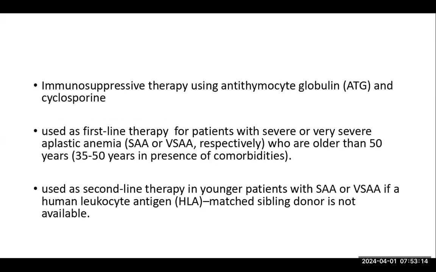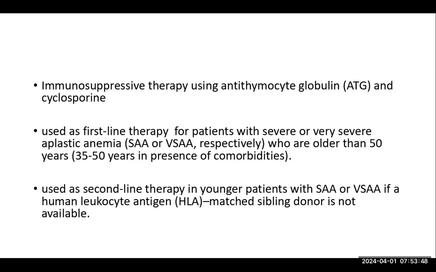Then immunosuppressive therapy with anti-thymocyte globulin and cyclosporin is said to be first line for severe and very severe aplastic anemia for those who are older than 50, or if the patient is between 30 to 50 years of age in the presence of comorbidities. We're not told the age of the index patient, but if she's between 35 and 50 in the presence of comorbidities, she would use the immunosuppressive treatment as a first line.